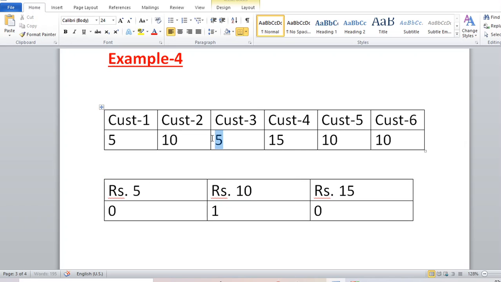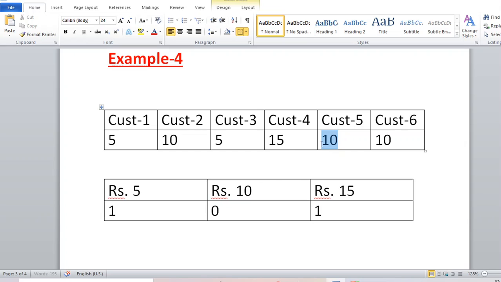Third customer gives a 5 rupees coin, so it will be increased again by 1. Fourth customer gives a rupees 15, so here the number of rupees 15 coins will be 1, but he needs at least one 10 rupees coin or two 5 rupees coins to give change, so it will be decreased by 1 and it will be 0.